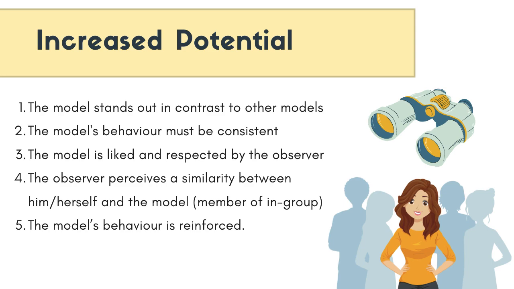So this person could be someone who belongs to the group that we associate with. And finally, the last factor that increases our potential to learn from a model is whether, again, the model is being rewarded for that behavior. And that goes back in line with the motivation.